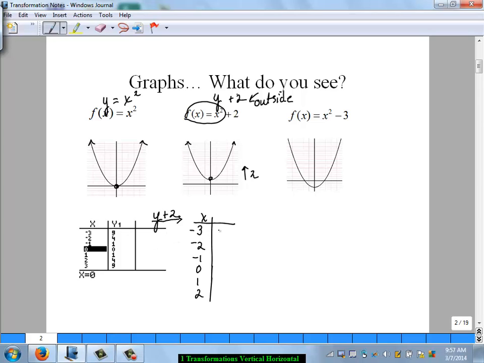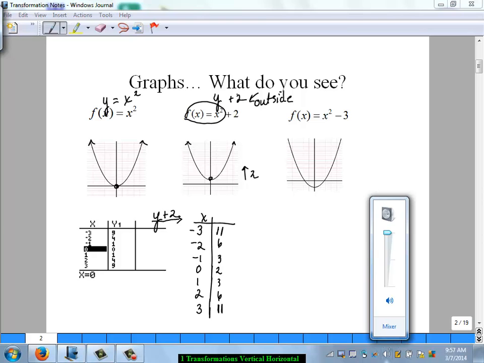So when I do that, I have 11, and then 6, 3, 2, 3, 6, and the last one is 11. So when I ask you to show transformations, you're going to be doing a lot of this, where you show me the original table, show me an arrow that you shifted it, I added 2 to all my y's, therefore my graph moved up 2.